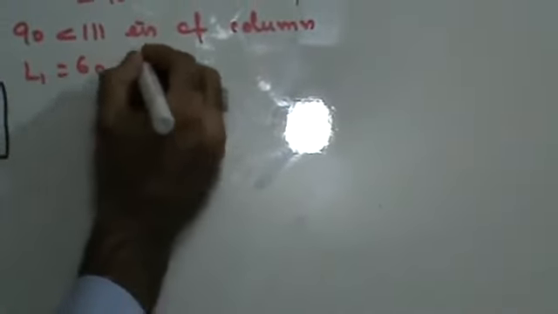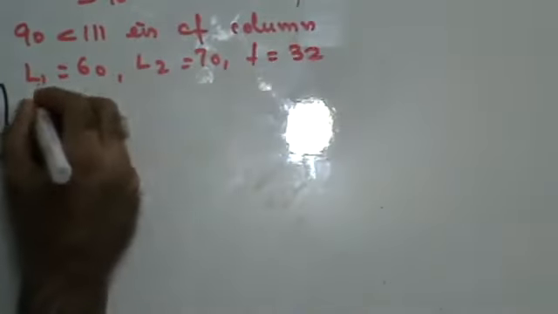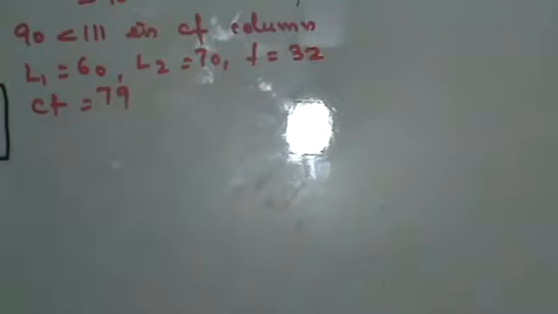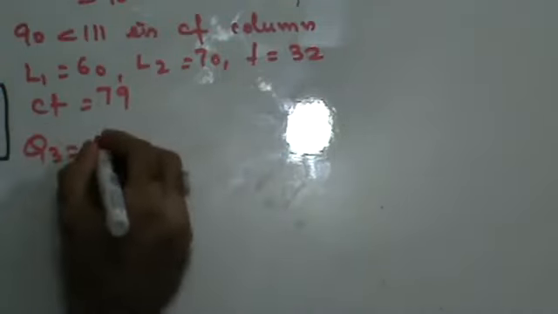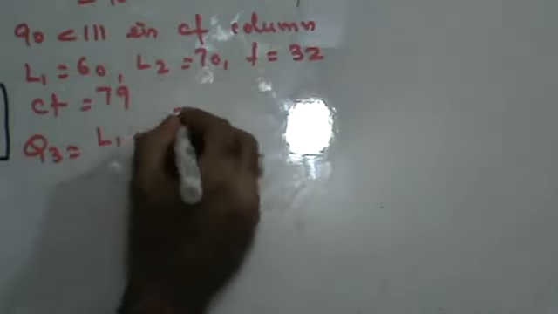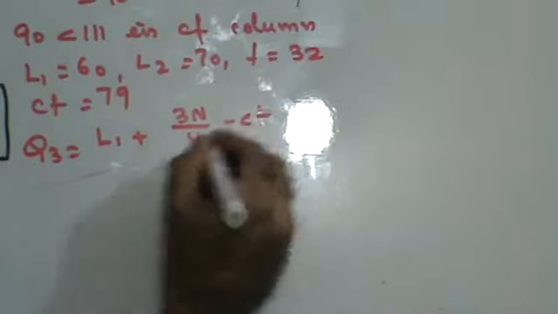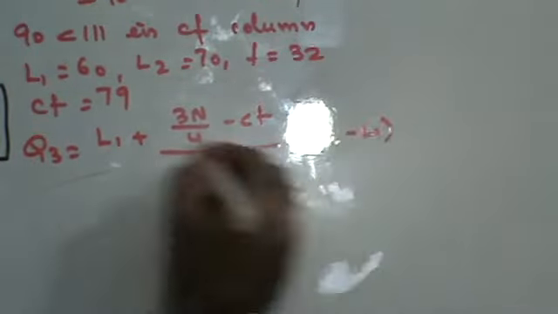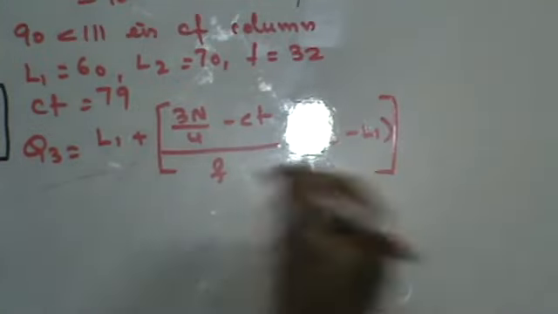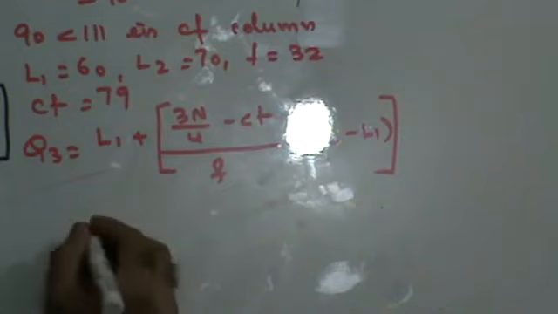So in that case, L1 will be 60, L2 will be 70, F will be 32, and CF will be the number above that, 79. You can find Q3 by using the formula L1 plus 3n by 4 minus CF upon F times L2 minus L1. You will get this answer as 63.44.